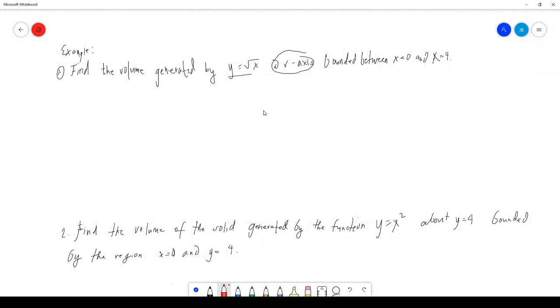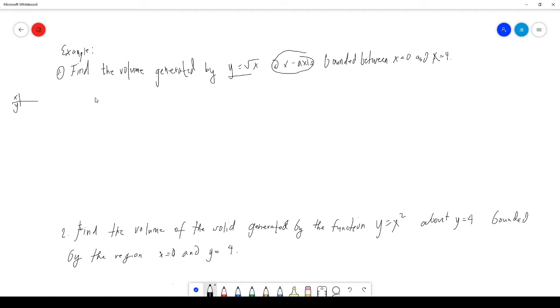Example number 1: we are going to find the volume generated by y is equal to square root of x about the x-axis, bounded between x is equal to 0 and x is equal to 4. First, we are going to graph. You can use this method, letting the values so that we can plot and find the graph.